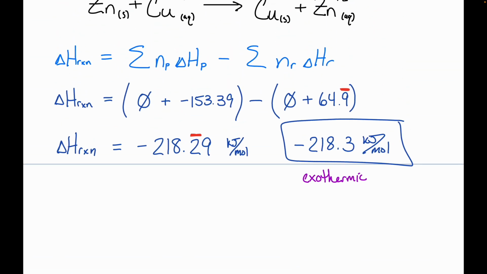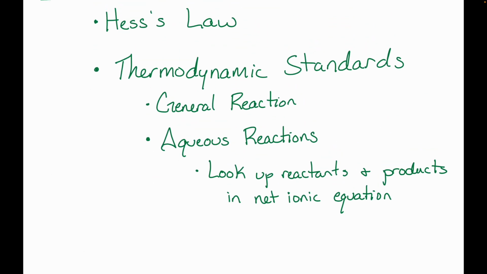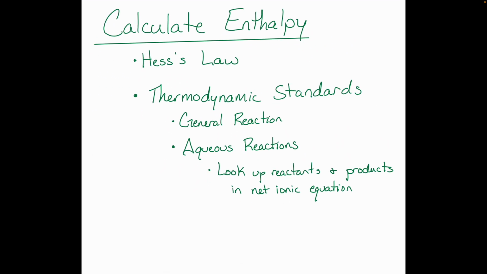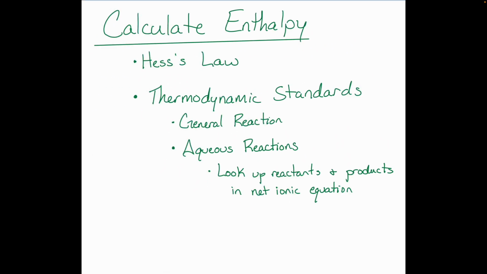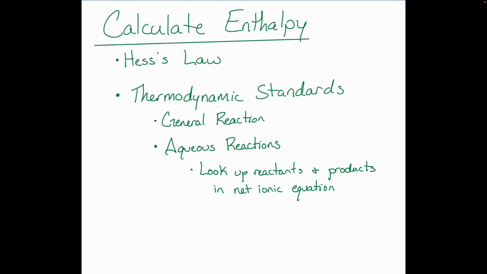Okay, so we've got a few methods for calculating our enthalpy. One is Hess's law. That's that complicated, kind of pain in the butt process of taking known reactions and combining them together to get your overall reaction. We have our thermodynamic standards that we can look up. For most reactions, there's nothing special about it. Just look up your reactants and your products, and then it's products minus reactants multiplied by their stoichiometric coefficients.